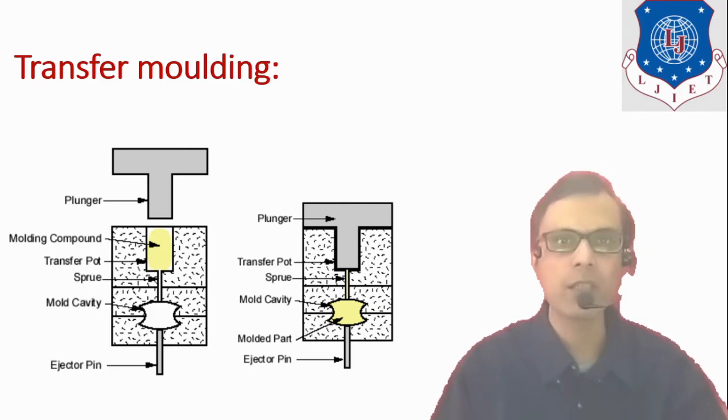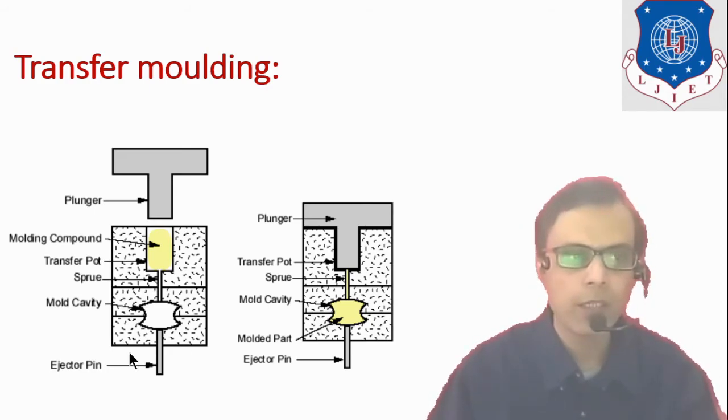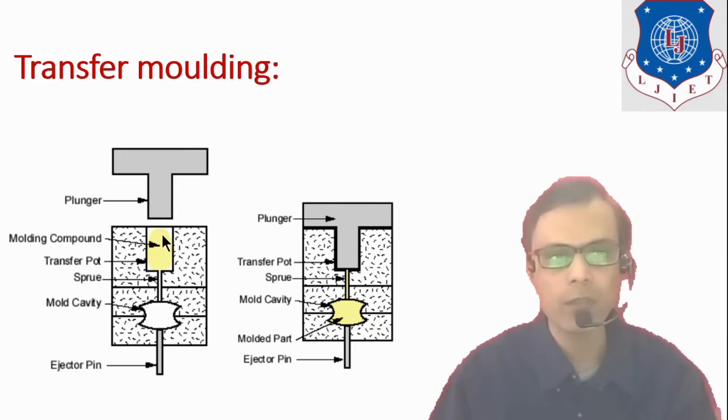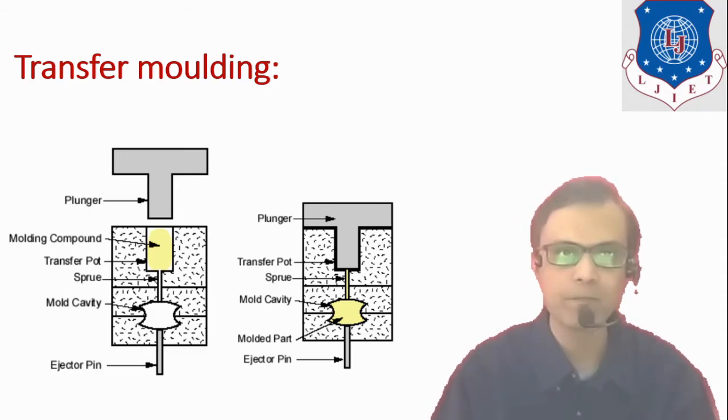Next process is transfer molding process. Now in this technique, the transfer pot is used. Here you can see in this diagram, it is a pot and it is known as a transfer pot, through which the raw material is transferred to the mold cavity.